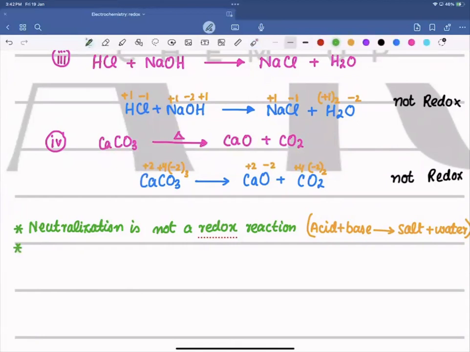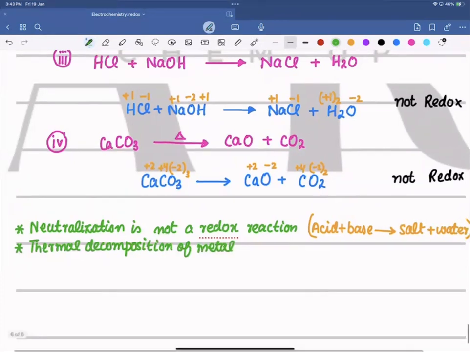So in general, we can make another rule that thermal decomposition of metal carbonates is not redox.